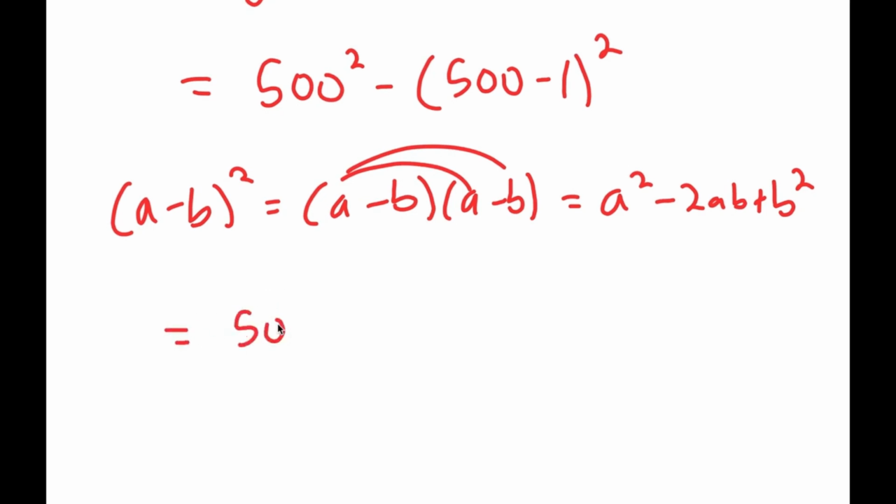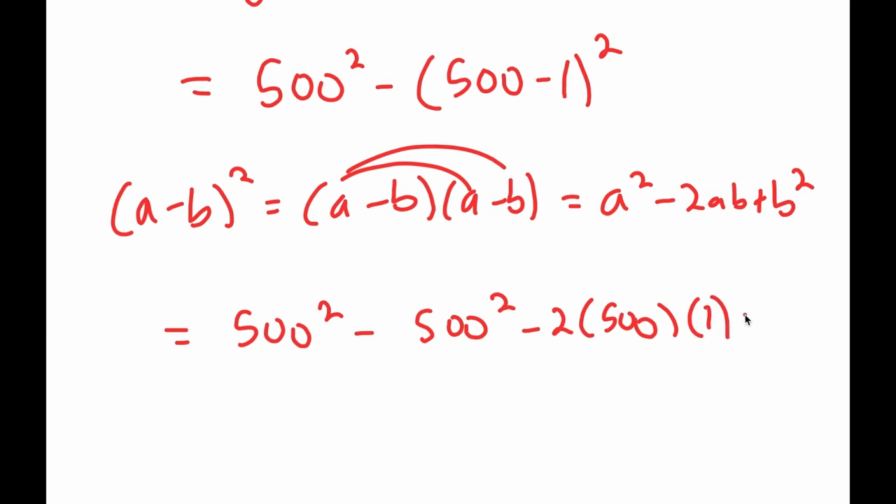So this is going to turn into 500 squared minus 2 times 500 times 1 plus b squared, which is 1 squared.